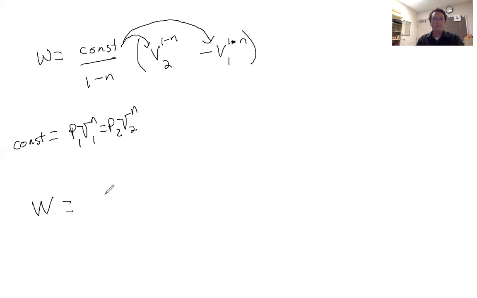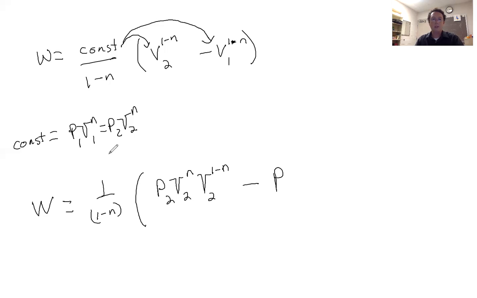So that becomes 1 over 1 minus n times P2 V2 to the n, that's the constant, times V2 to the 1 minus n, coming from the integration, minus P1 V1 to the n times V1 to the 1 minus n.